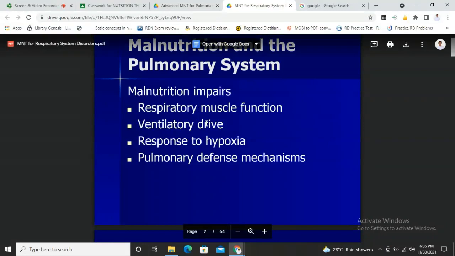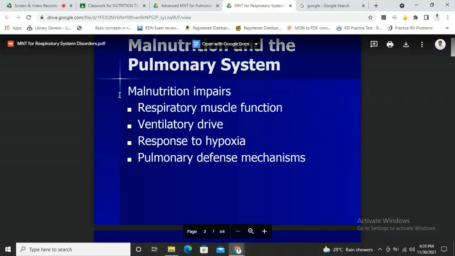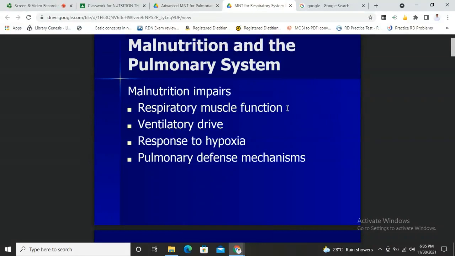Okay, so the muscles that are found in the respiratory system are no longer as competent or as good in function, so therefore it negatively affects respiratory function in such a way that the breathing rate decreases, or the amount of oxygen inhaled decreases, or the amount of carbon dioxide exhaled is reduced.